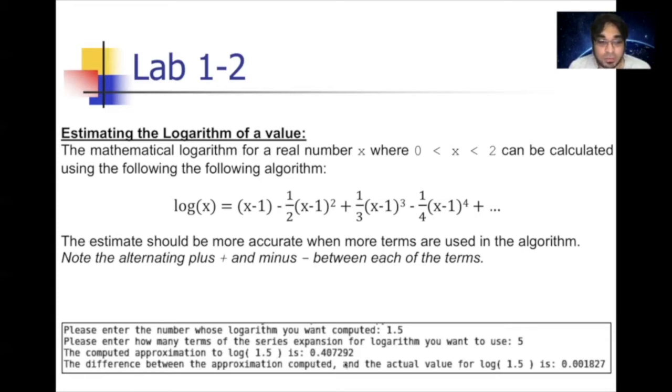And then we want to print out the actual approximation. And finally, we want to output the distance or the difference between the approximation and the actual value of that specific number, which is x in our case.